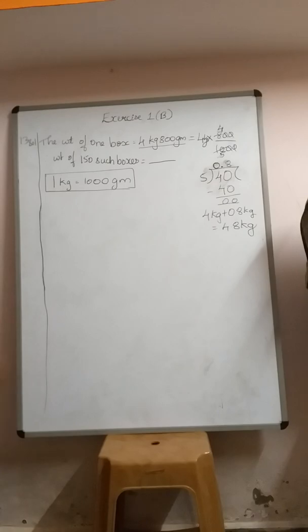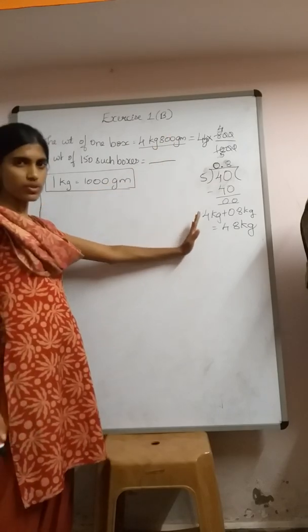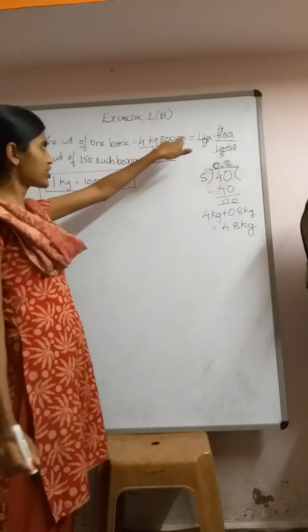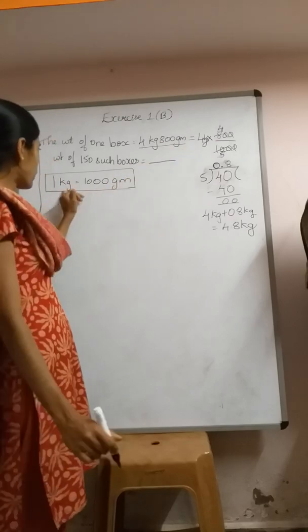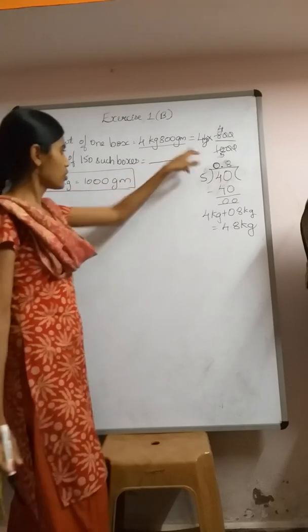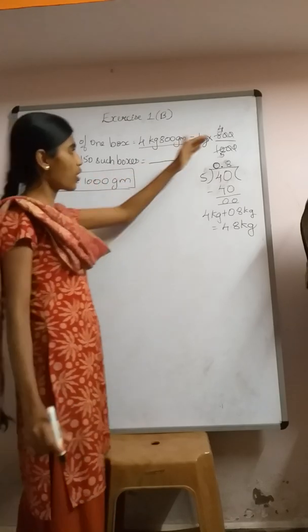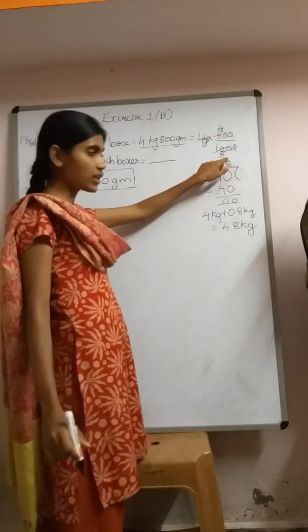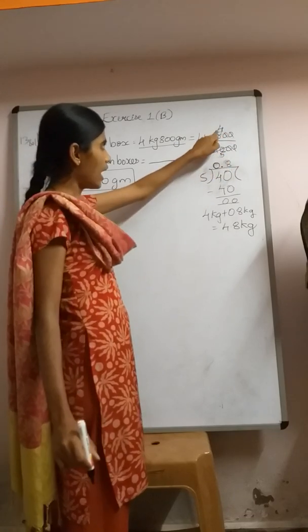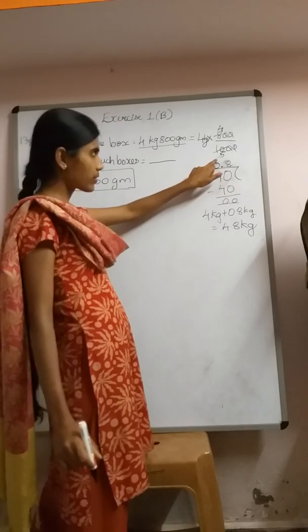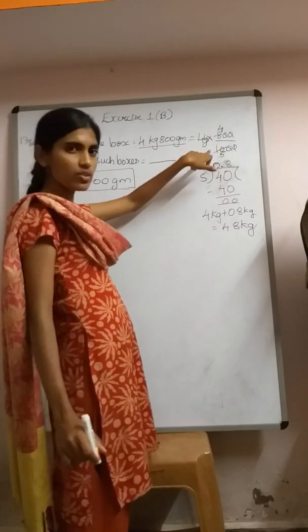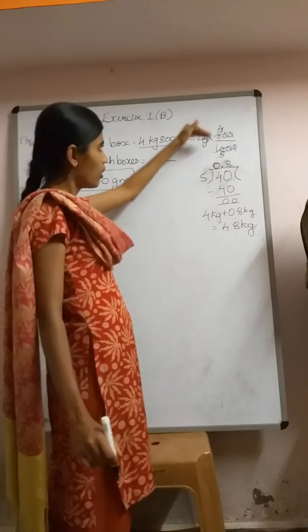Did you understand the conversion? Conversion process did you follow? 4 kg 800 grams. Then 1 kg equals 1000 grams. So I have divided 800 with 1000 for the conversion. Then I was not able to divide here. Okay, I cancelled and I saw, but I was not able to divide. What did I do?